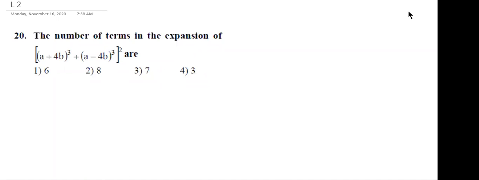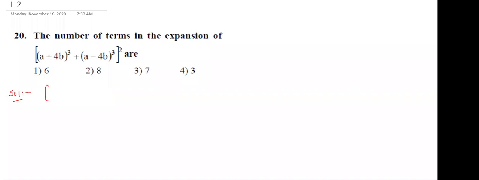How to identify, students? See here, (a plus 4b) whole cube. How to write? That is in the form of (a plus b) whole cube or not? Okay. Expand in that way.